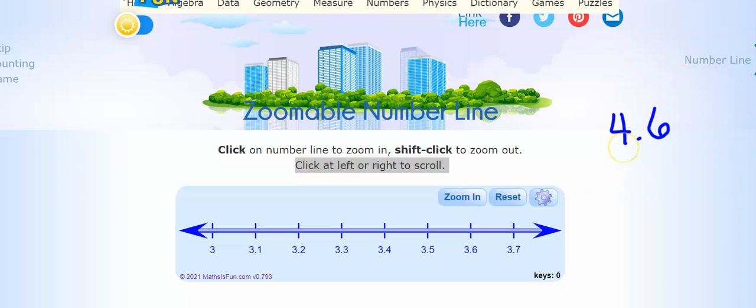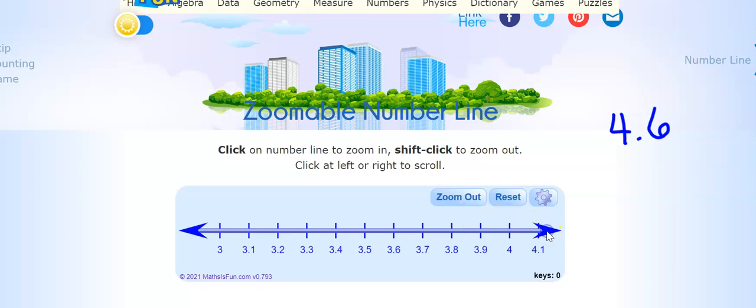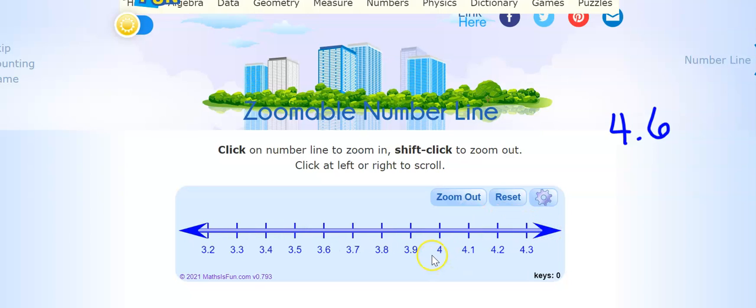So here is 4 and 6/10. So let's find it on the number line. I'm noticing here that I'm in my whole number 3, so I've got to get all the way. I can zoom out. I know that I have to get to at least 4.